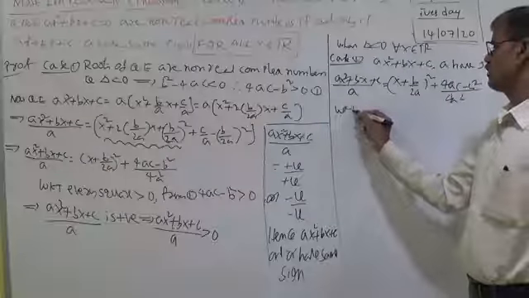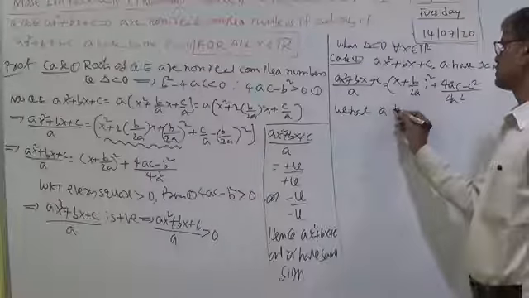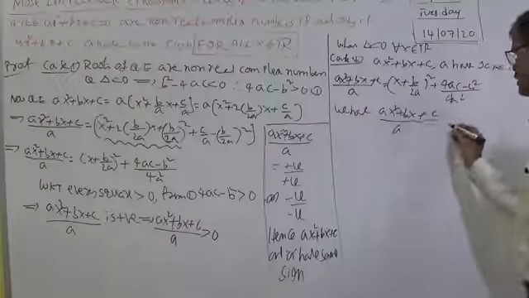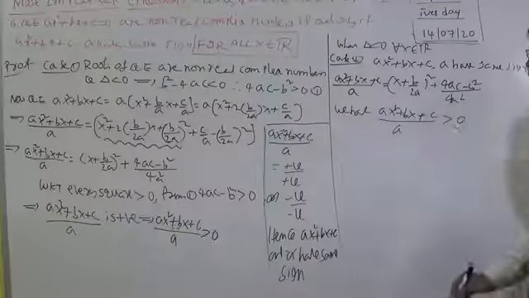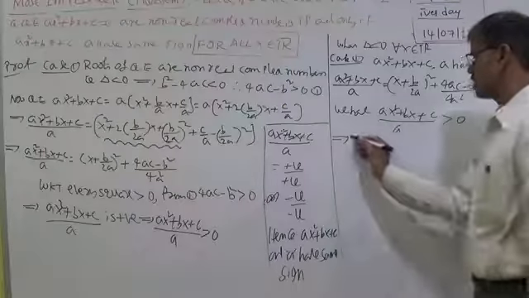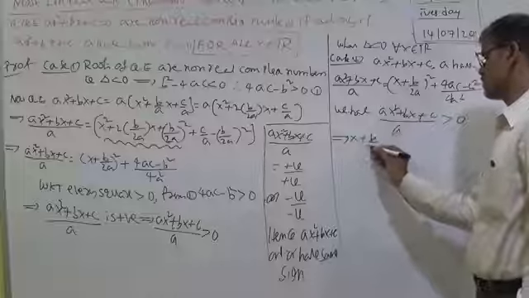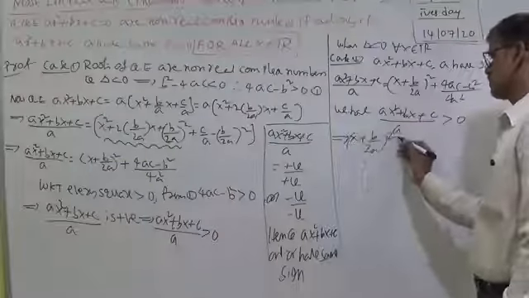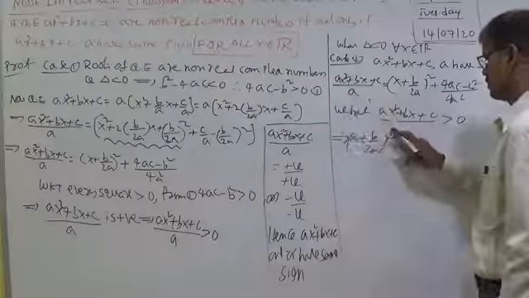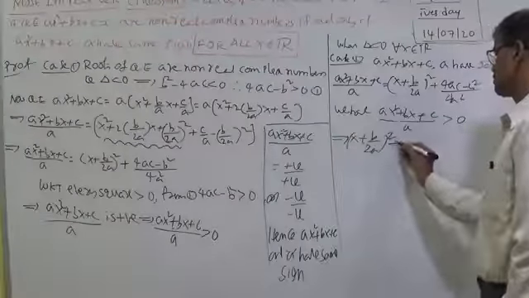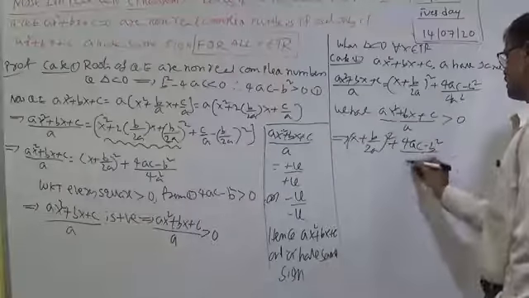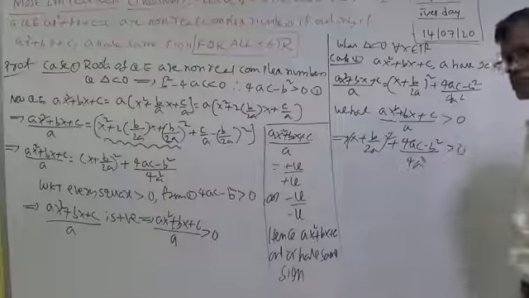We have ax square plus bx plus c and a have the same sign, meaning ax square plus bx plus c by a greater than 0. That implies the sum of two terms, x plus b by 2a whole square plus 4ac minus b square by 4a square, is greater than 0.